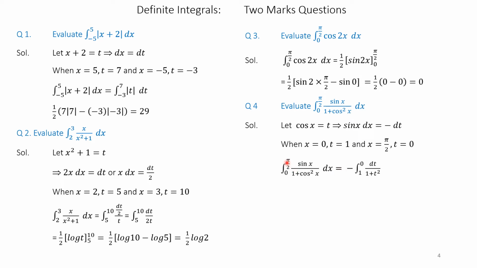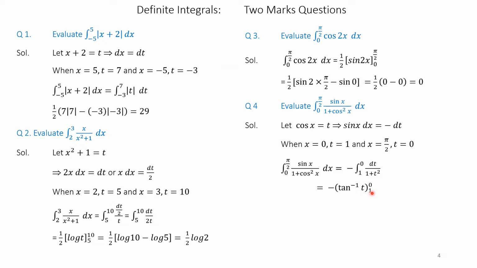Therefore, the given integral from 0 to pi by 2 of sin x divided by 1 plus cos squared x dx is equal to minus of integral dt by 1 plus t square, because cos x is t. The integral of 1 over 1 plus t square, using the formula for 1 over 1 plus x square, we know is tan inverse of t.